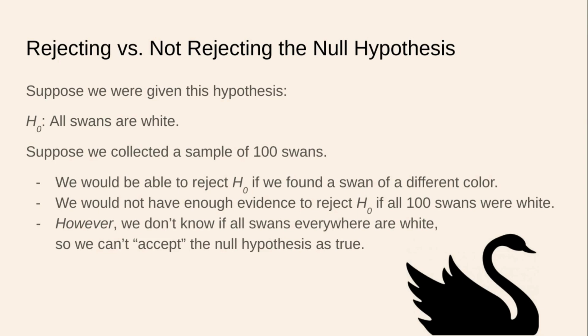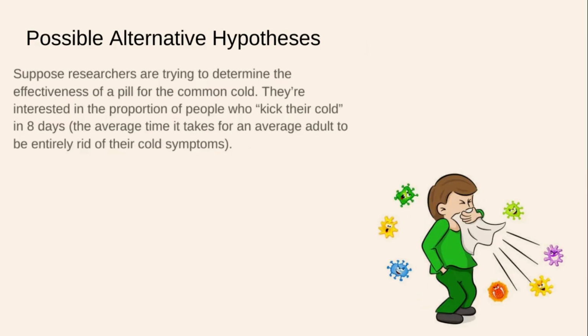Well, we would have to literally study every swan in the world, and to be entirely honest, every swan that ever existed. That is clearly impossible, okay? You cannot confirm that all swans are white. You can only deny that all swans are white if you find a swan of a different color. And that is how I can explain, and how I have explained, hopefully effectively, that you can never support a null hypothesis. You can only reject it if there is significant evidence.